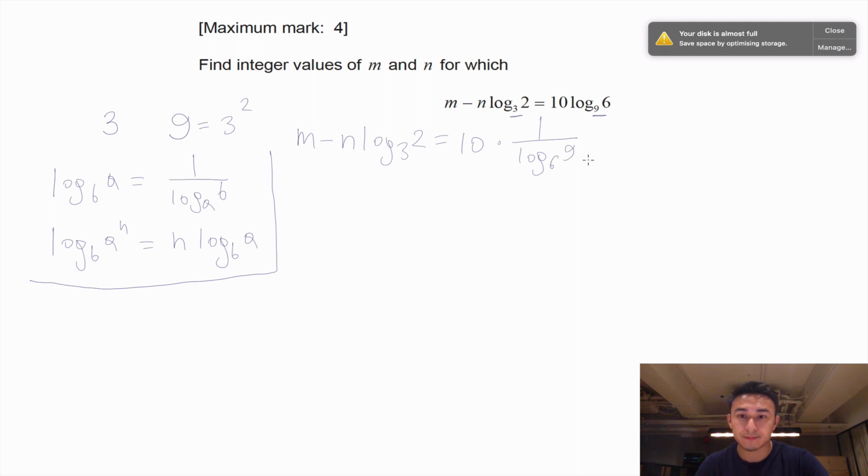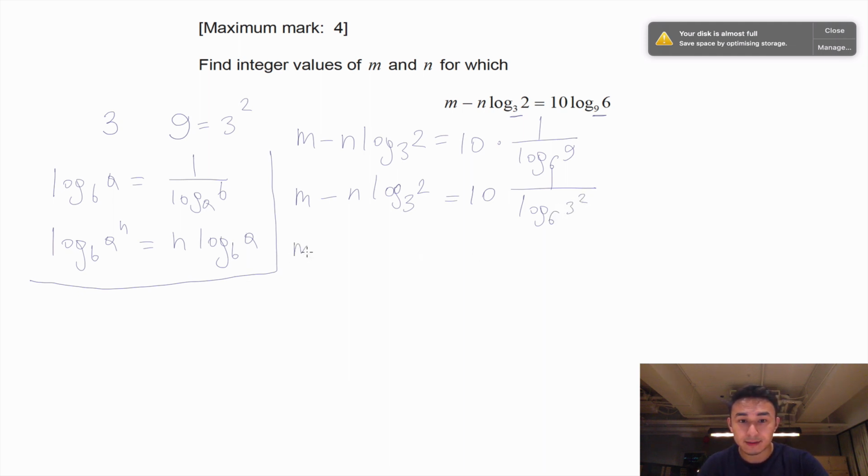You saw how I changed this? And after this, m minus n log base 3 of 2 is equal to 10 times 1 over log base 6 of 9. Now this 9 is 3 squared, so it will be log of 3 squared, and the base is 6.